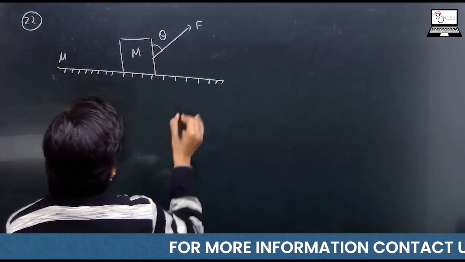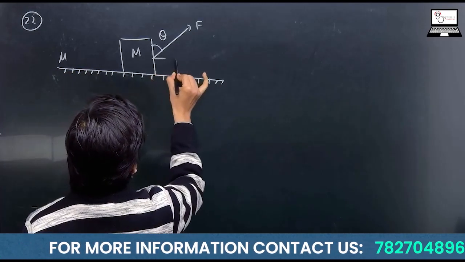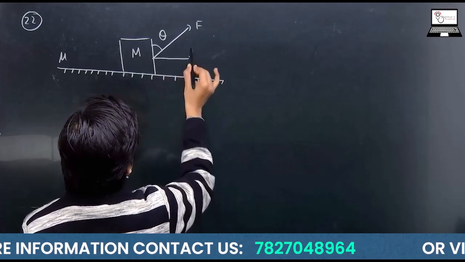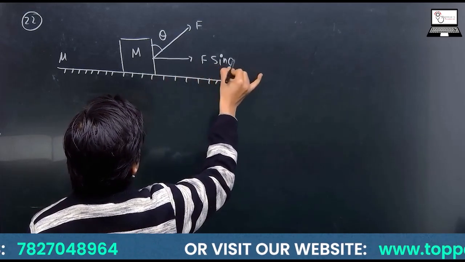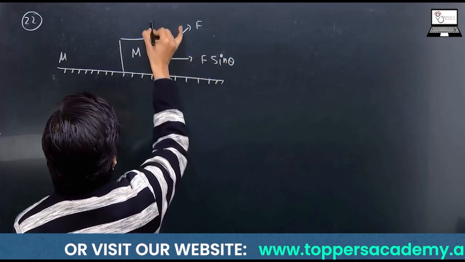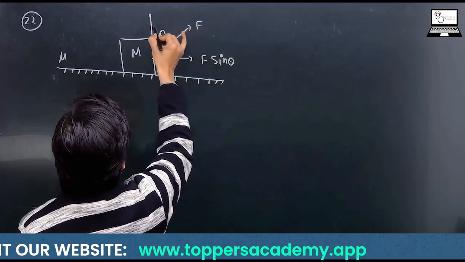Now if I take the horizontal component, that is F sine theta. Vertical component, that is F cos theta.